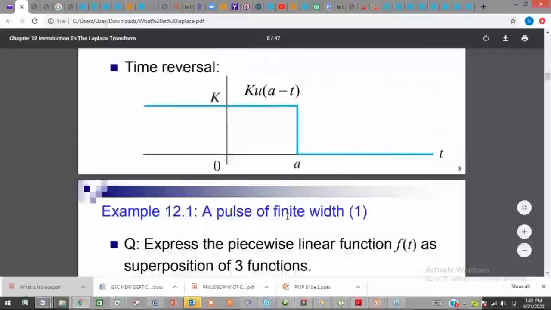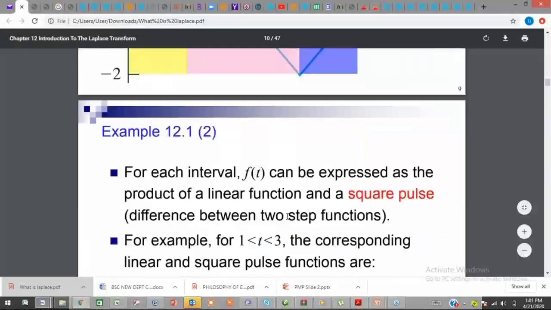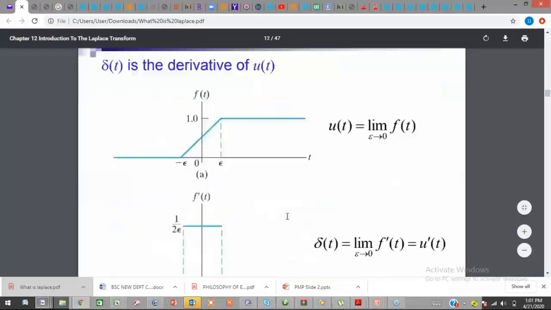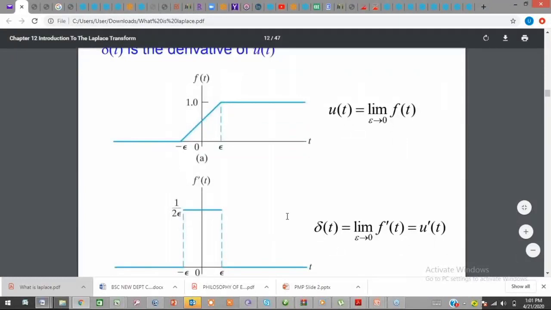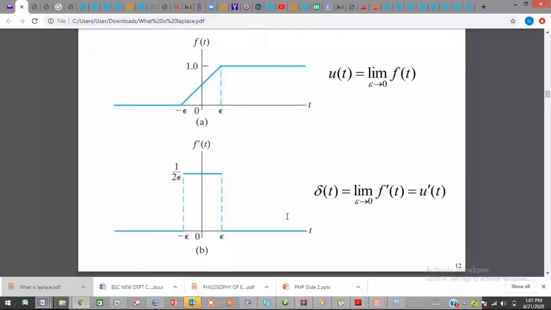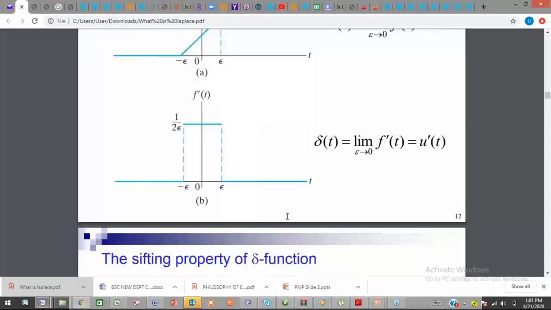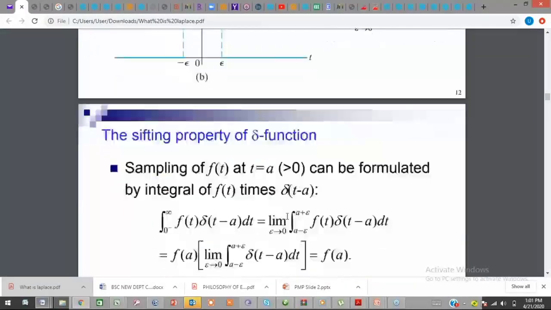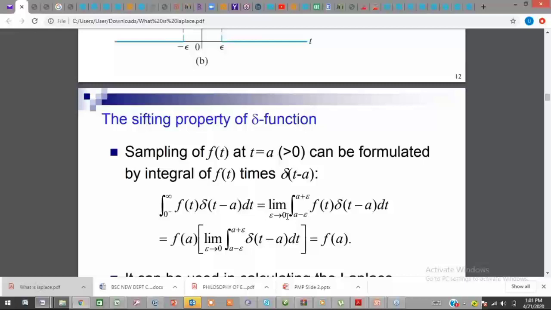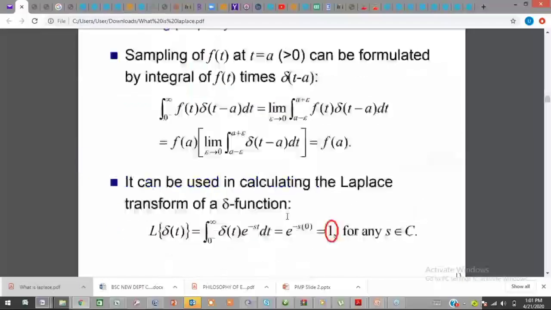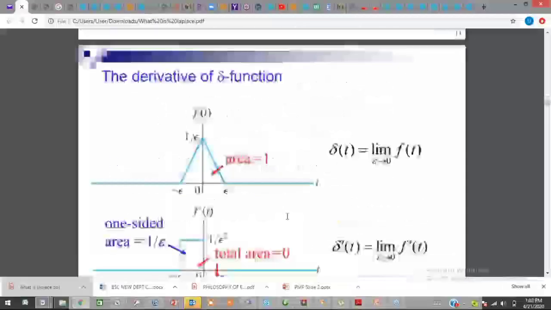For cosine, we have cos omega t times u of t, and F of s is s over s squared plus omega squared. For the damped ramp, we have t e raised to the power of minus at times u of t, which gives 1 over (s plus a) squared.